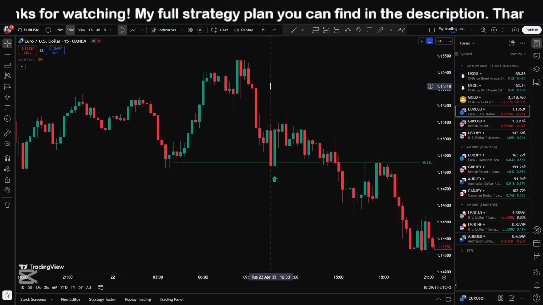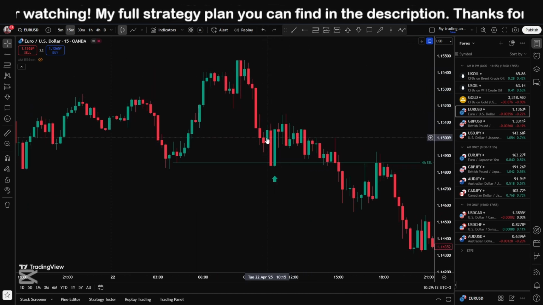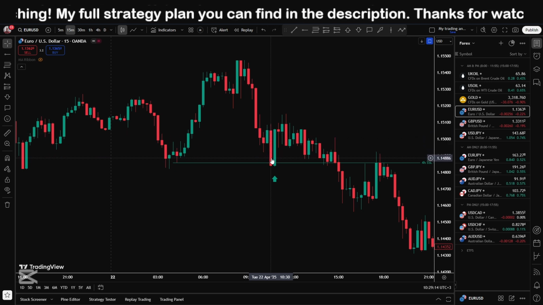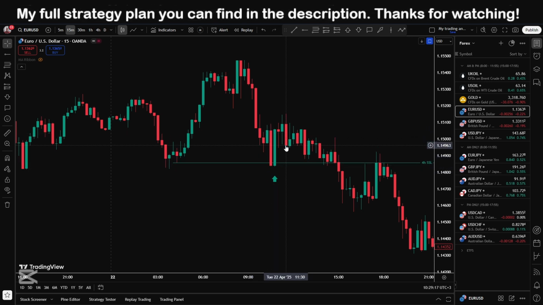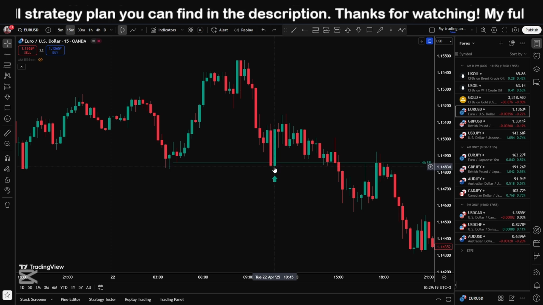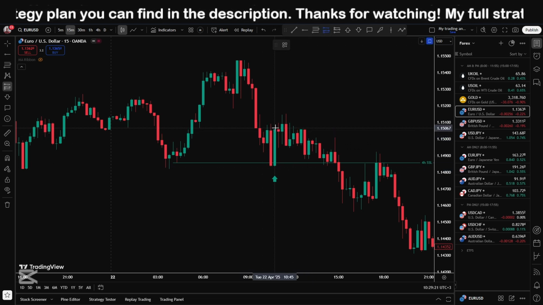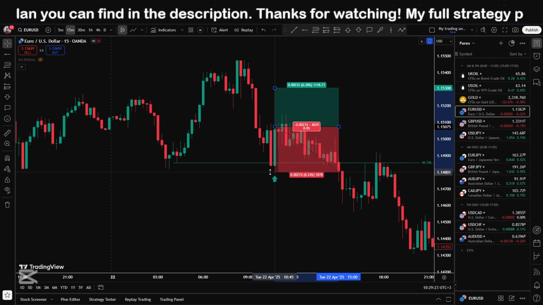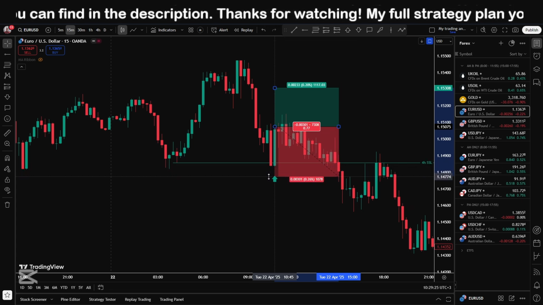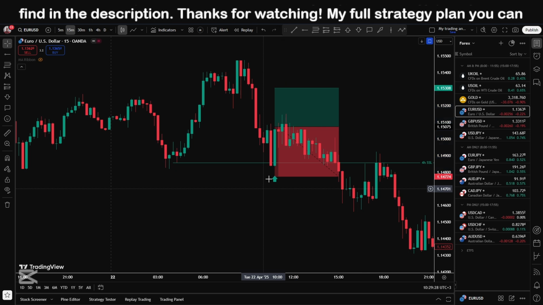Right here, these two big bars which grab the liquidity, the bearish bar, then the bullish bar. Stop loss under the bar, around 30 pips.